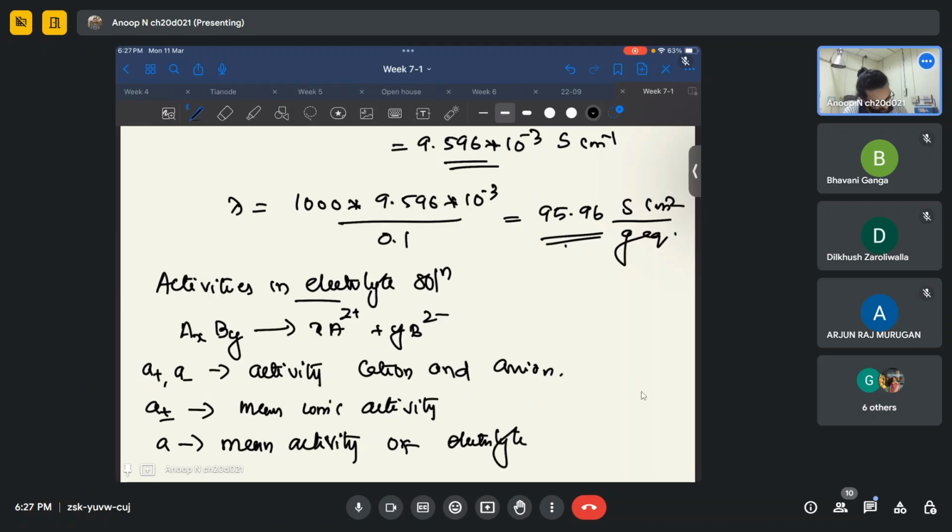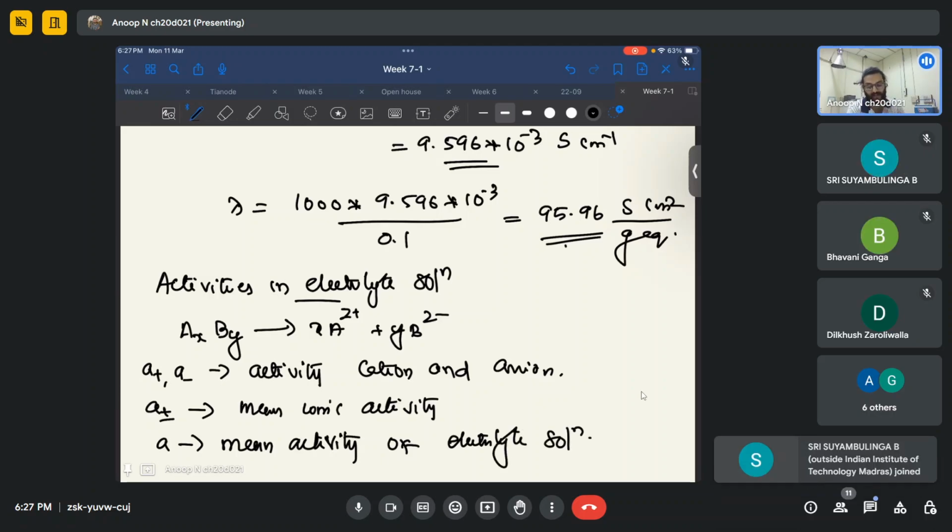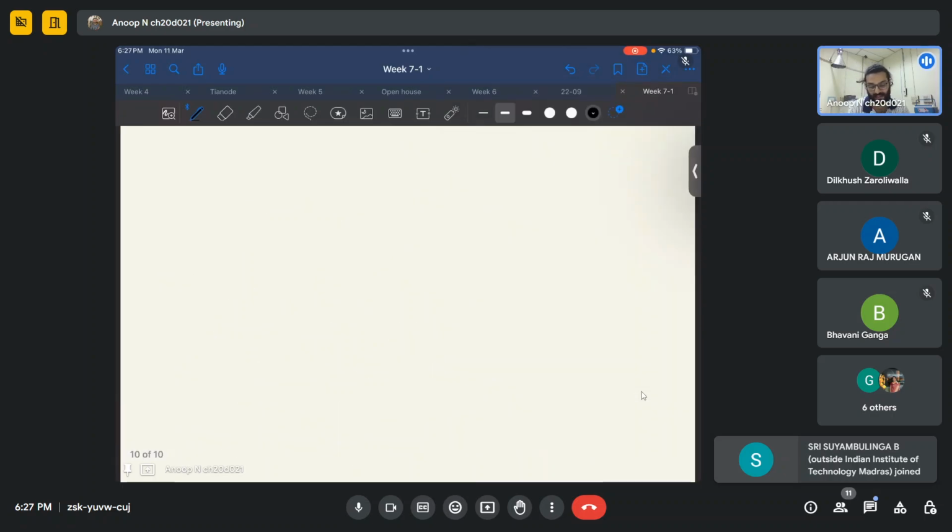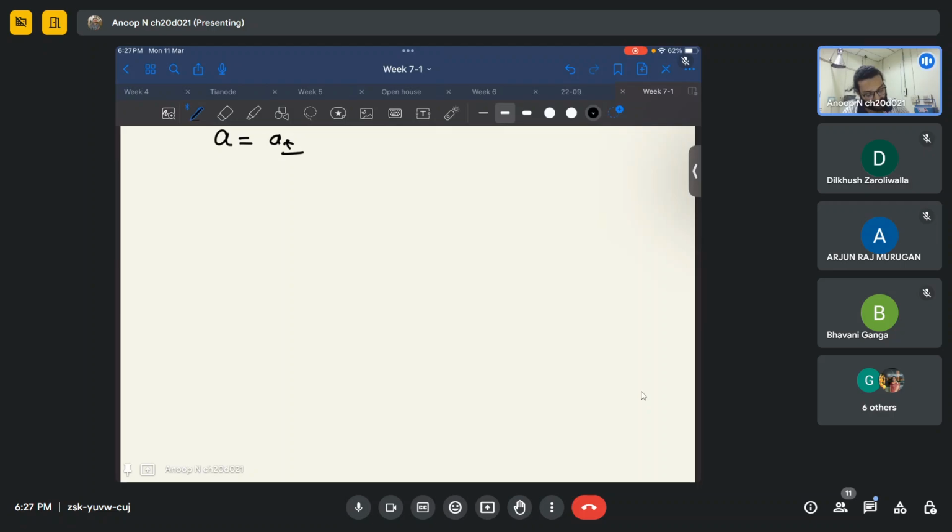So we'll try to find the relationships. I will just define the relations. First, we'll write that A, the mean activity of the electrolyte solution, can be written as a plus minus, which is the mean ionic activity, raised to nu, where nu is equal to x plus y.